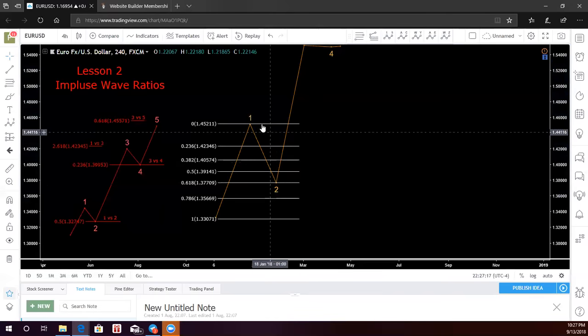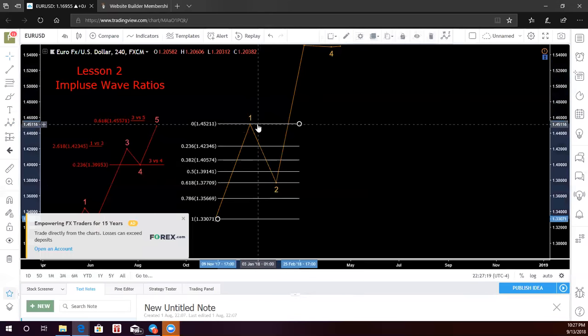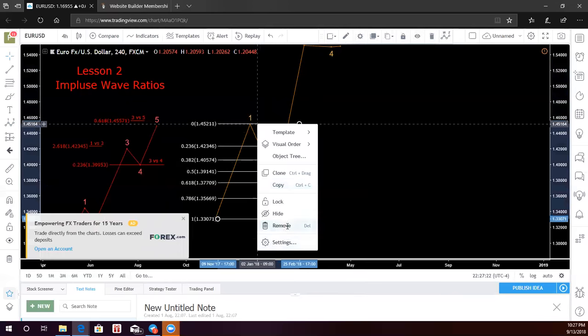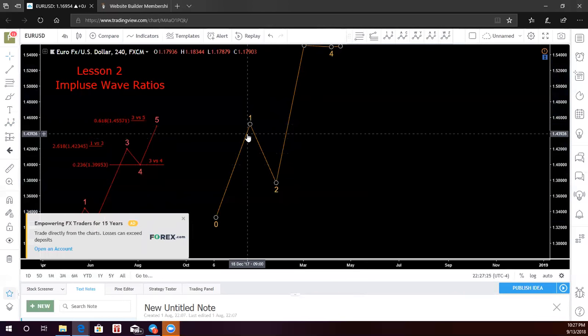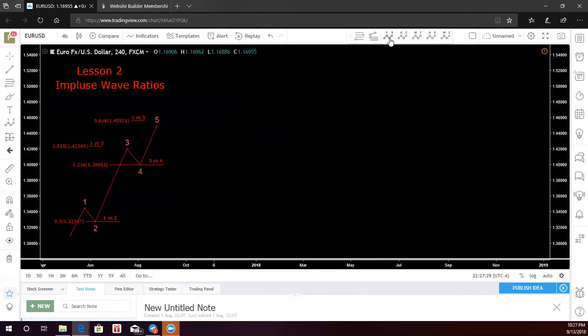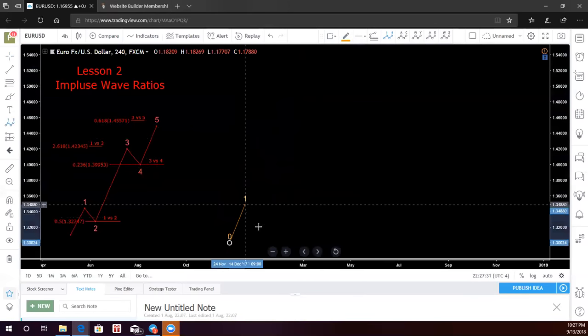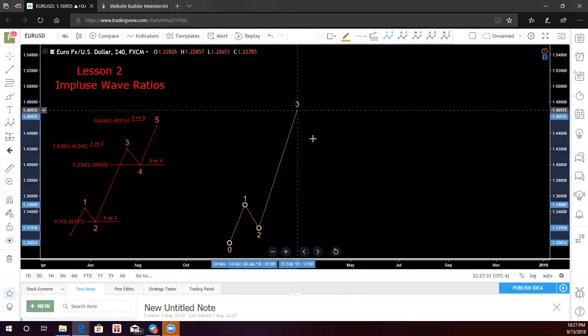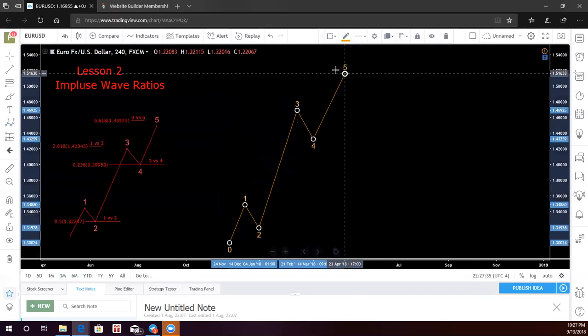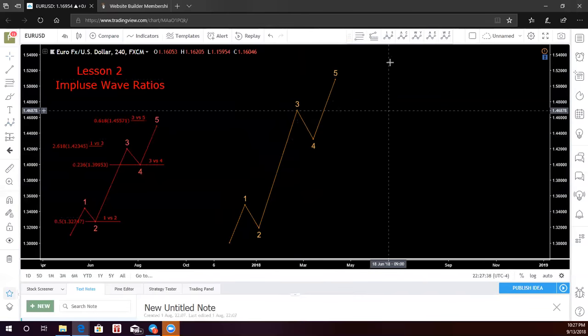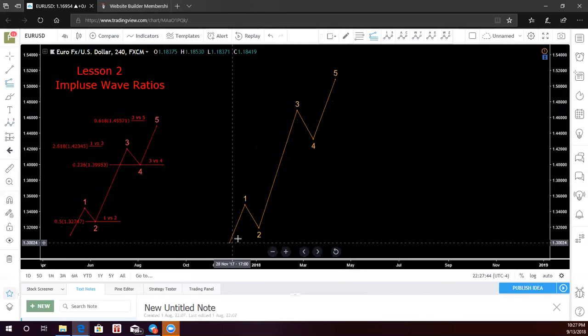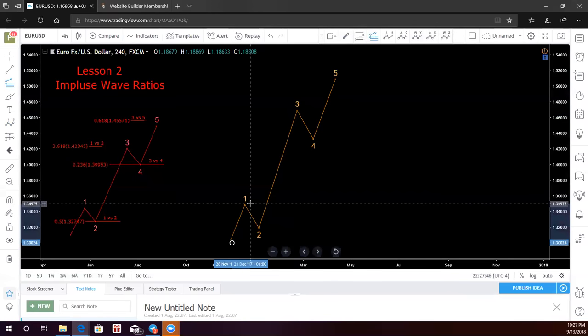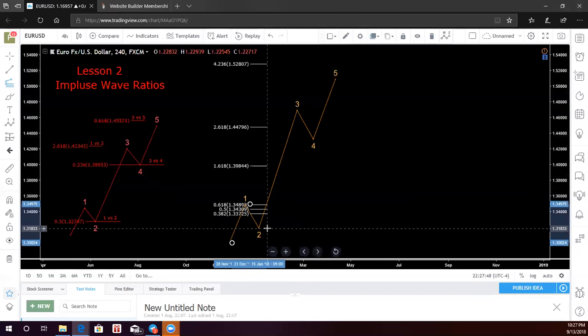Now, to find wave 3, let's go ahead and delete this and this. So we'd have a 1, a 2, a 3, 4, a 5. How do I find wave 3? You're going to use the trend-based fib extension, start from the beginning of wave 1 to the end of wave 1 to the end of wave 2.